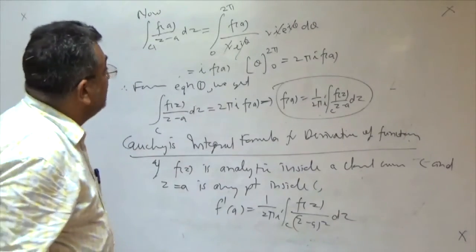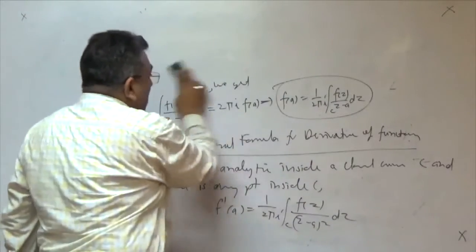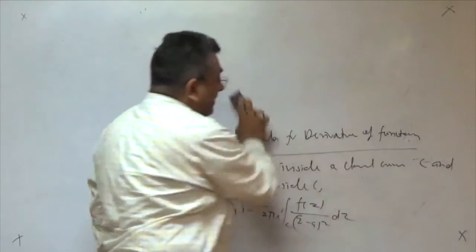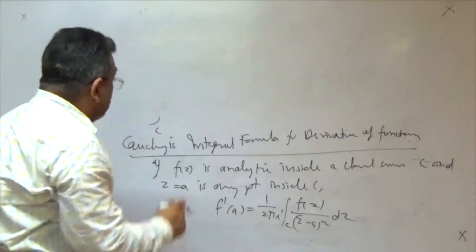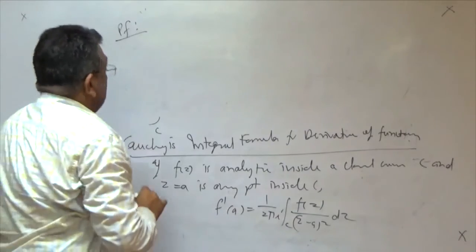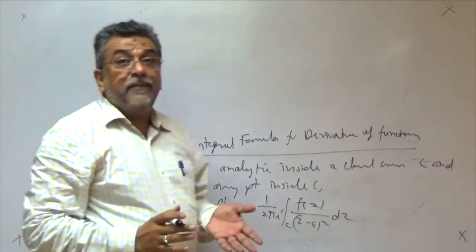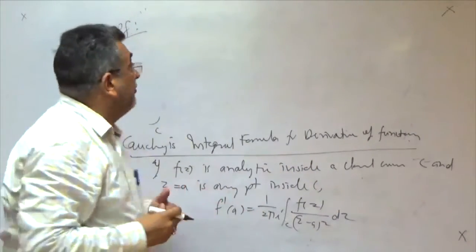Again, first we see how you prove this statement, and also it can be generalized up to the nth derivative in a similar manner. First, we see the proof of this formula. Again, it will be proved by using Cauchy's integral formula.